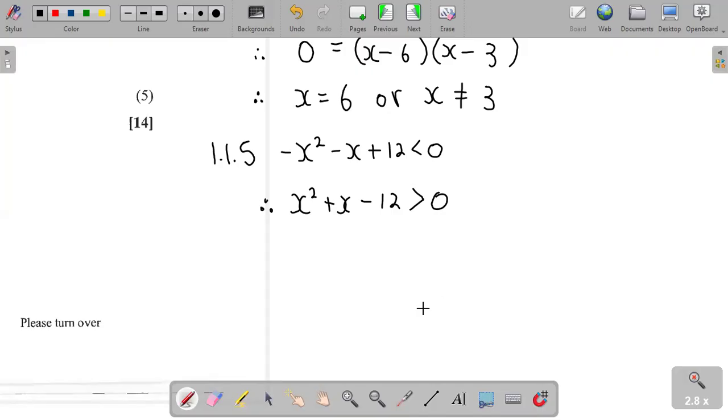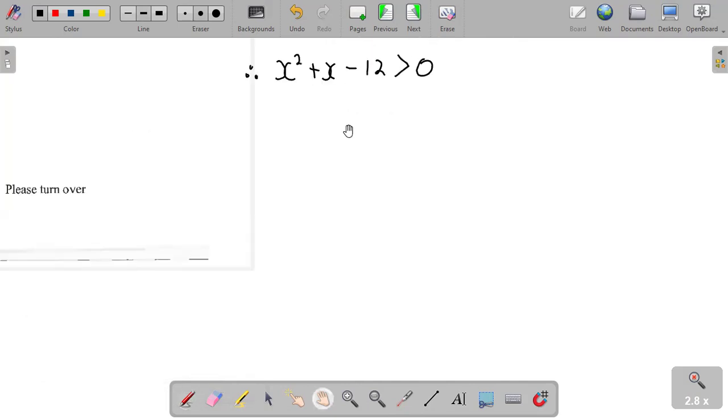And then we can factorize, okay? It's greater than 0.